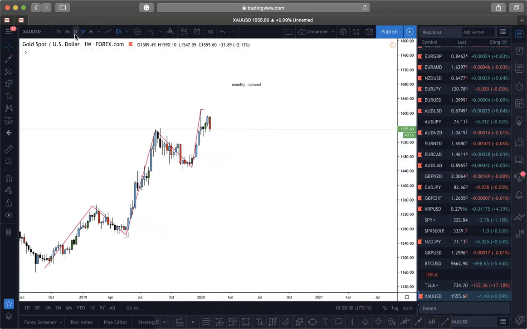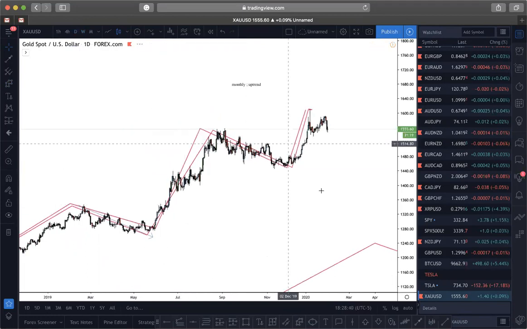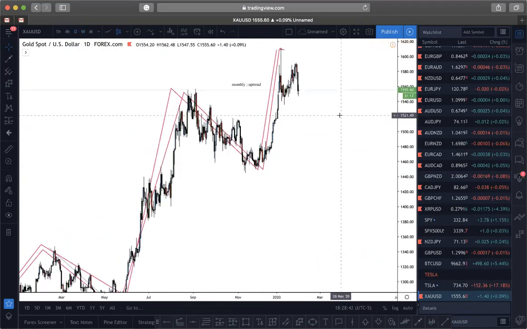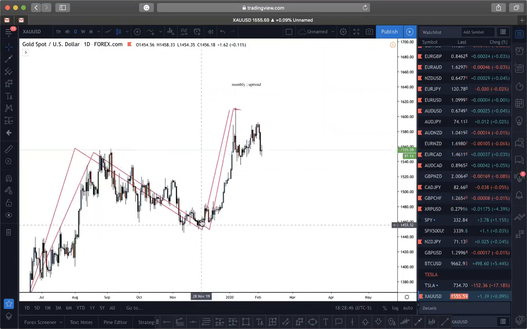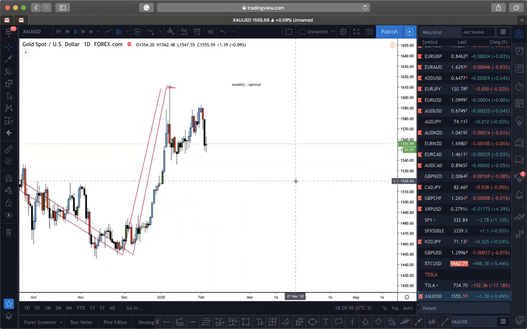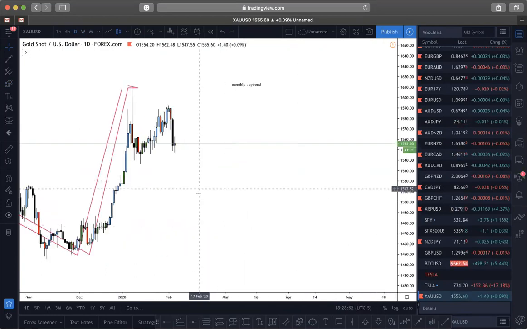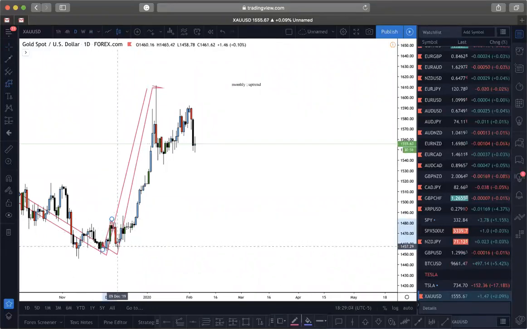So now we hop onto the daily, right? We see we had a little downtrend on the daily, but now we have an uptrend on the daily, right? So I'm gonna just draw it out because it's better to see it visually, right?